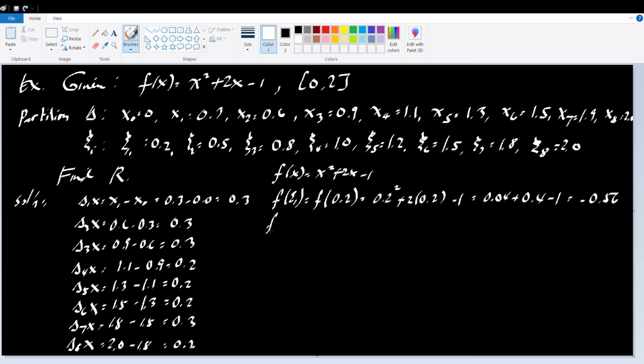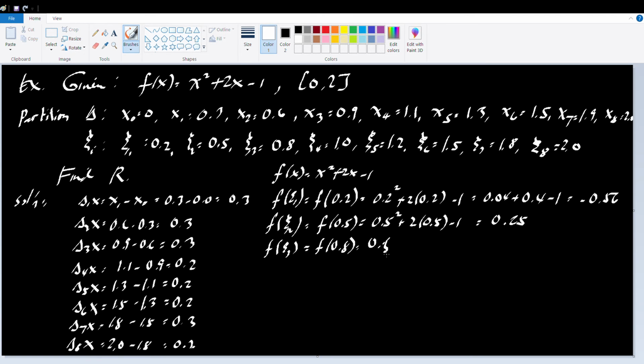Next, our f of c sub 2, that is f of 0.5. So 0.5 squared plus 2 times 0.5 minus 1, that will give you 0.25 plus 1 minus 1. f of c sub 3. c sub 3 is 0.8. So f of 0.8 is 0.8 squared plus 2 times 0.8 minus 1.